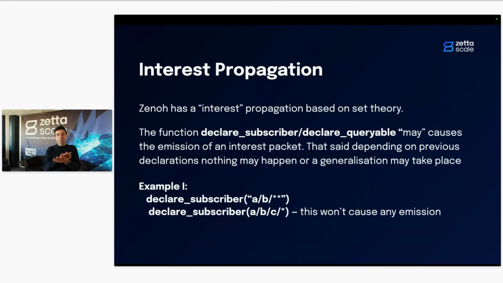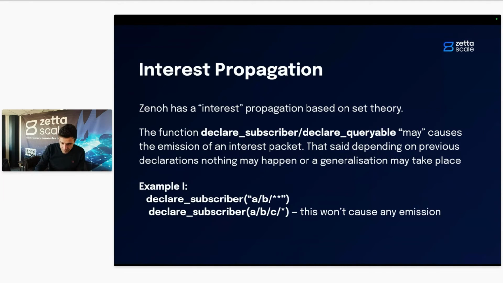And that graph can be used for routing. Two algorithms for routing that you can choose. By default, for peers, we use the clique, and by default, routers start with link state, but that can be changed by configuration. And then what to send where is decided based on the interest that we have seen being propagated, and interests are propagated, as I've explained, using this kind of set theoretic approach.